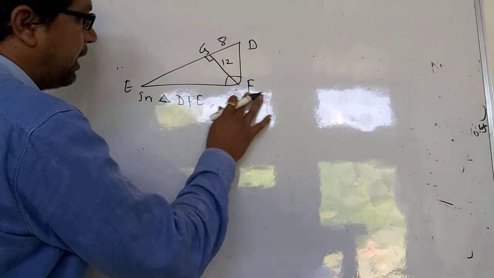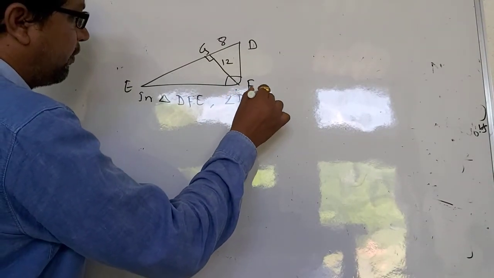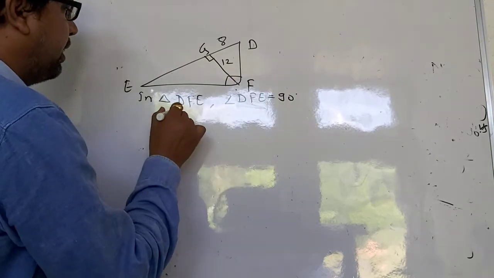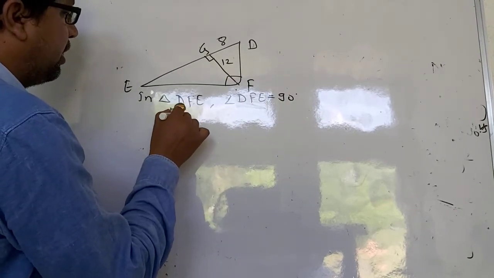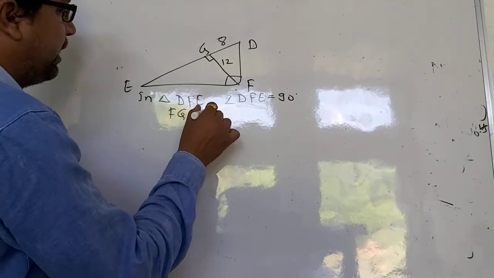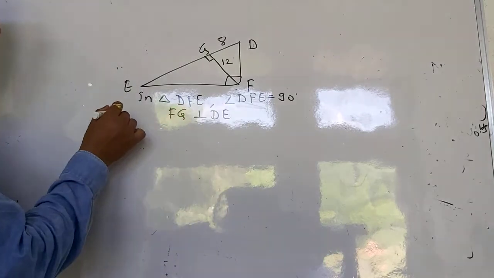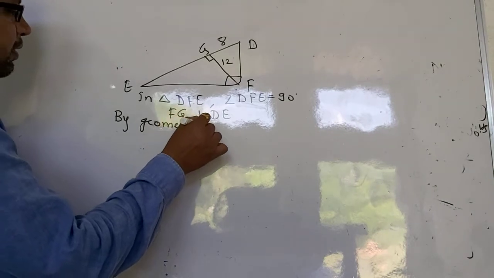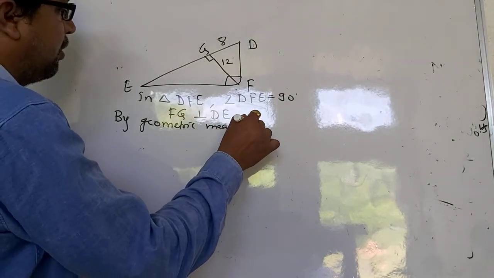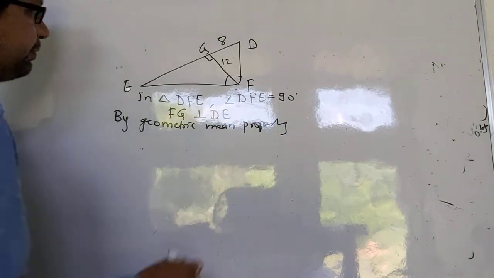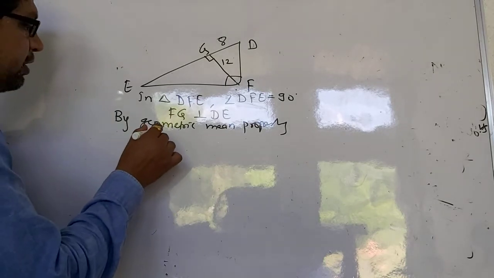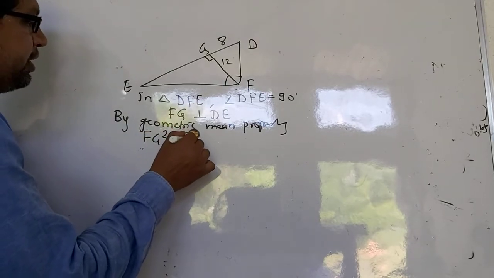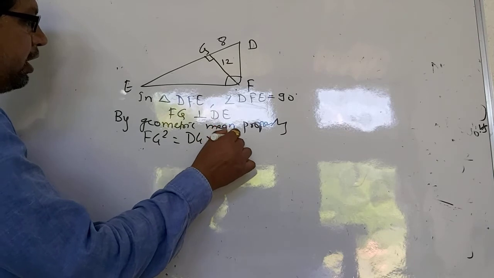It is better to take angle DFE 90. Then FG is perpendicular to DE. Therefore, by geometric mean property, FG square is equal to DG into GE.